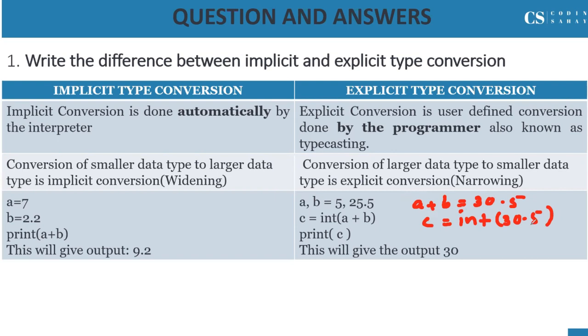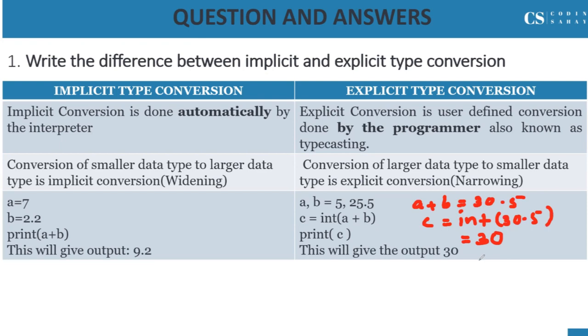That means the point portion will be truncated or removed, and it will be converted to integer. So you will get the answer 30. Print C prints the value 30 which is of integer type. So here float is converted to integer. That is our explicit type conversion. So these are the differences between implicit and explicit type conversion.